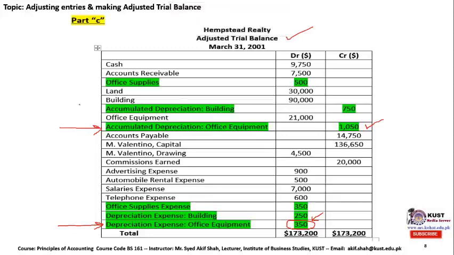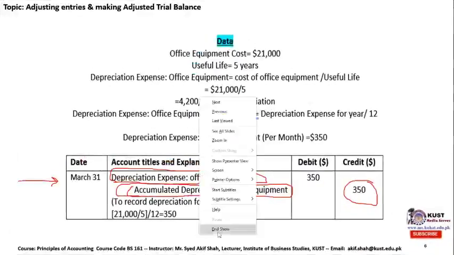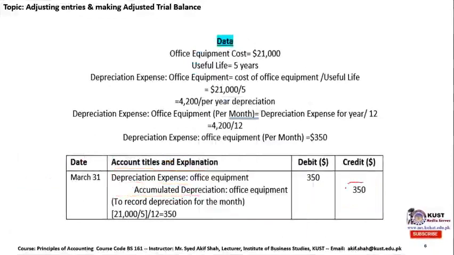Let's go back to the adjusting entry of office equipment. Here we can see that the second entry has already been incorporated in the trial balance. However, the first entry was missing with the title of depreciation expense office equipment. And as we can see, this is an expense account and its value is in the debit column.